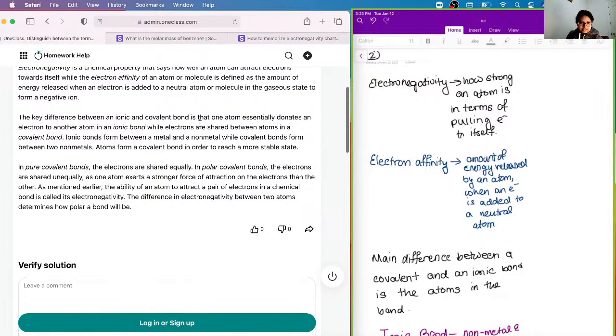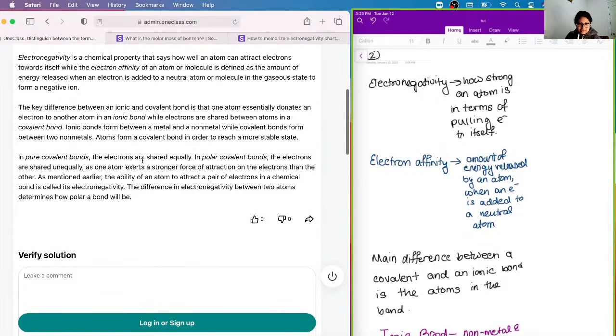And so we can see that you're transferring electrons in ionic bonds, whereas you're just sharing in covalent bonds, right? The electrons are being shared between atoms. And pure covalent is where your electrons are being shared equally.